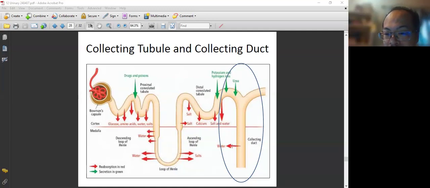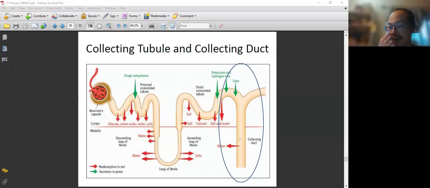But when ADH acts on it, it will open up water channels right there. And because the environment is so salty, so condensed, water will get reabsorbed back to our body. This is how we regulate water reabsorption.